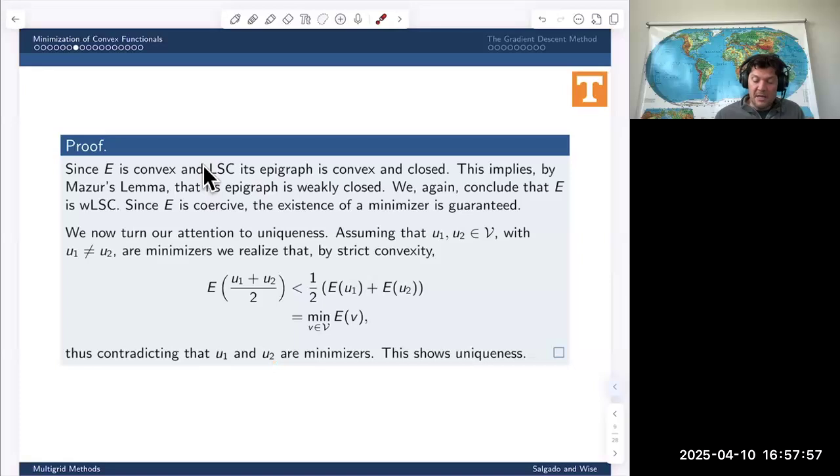There's another point, in fact, right in the dead center, the interpolated value of U1 and U2, where we get a strictly lesser value. And so that contradicts the fact that these two things are minimizers, and so this proves uniqueness. And what we used there was the strict convexity.